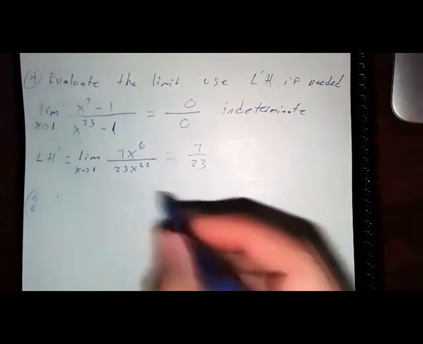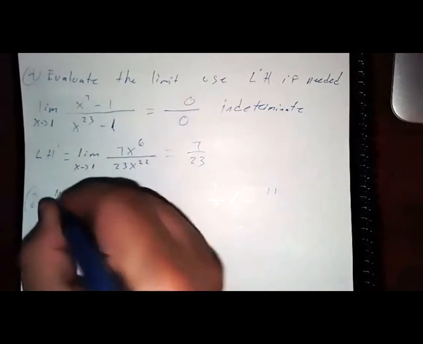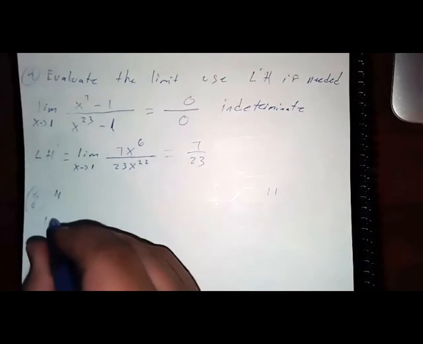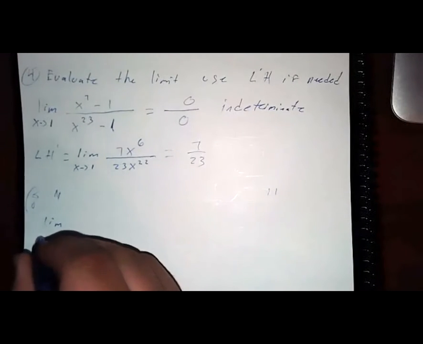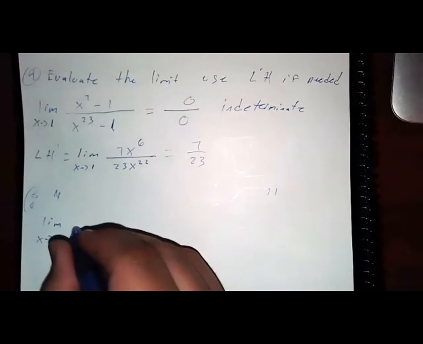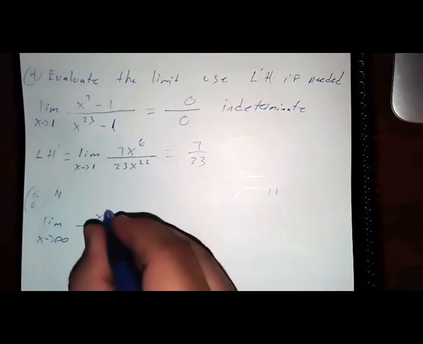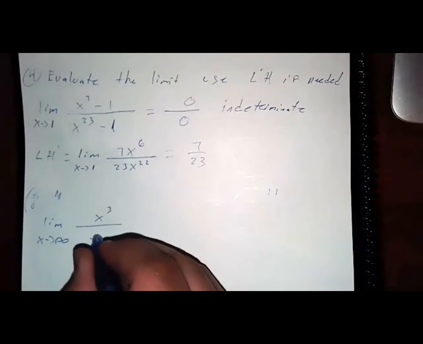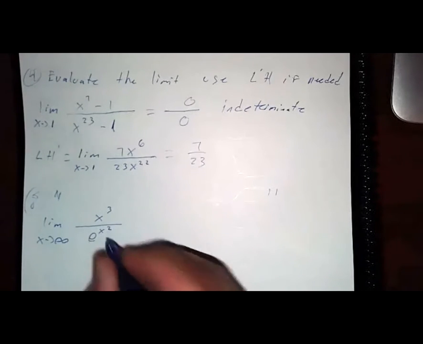Same question. I'm going to put quotes here so you know it's the same deal. The limit as x approaches infinity of x cubed over e to the x squared.